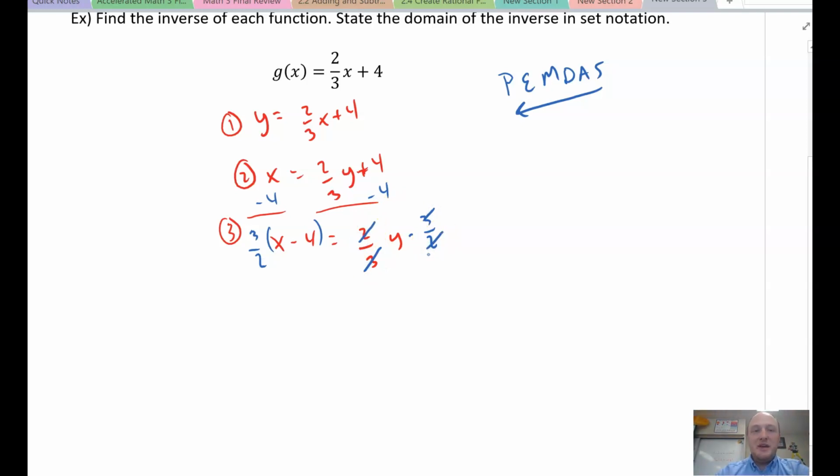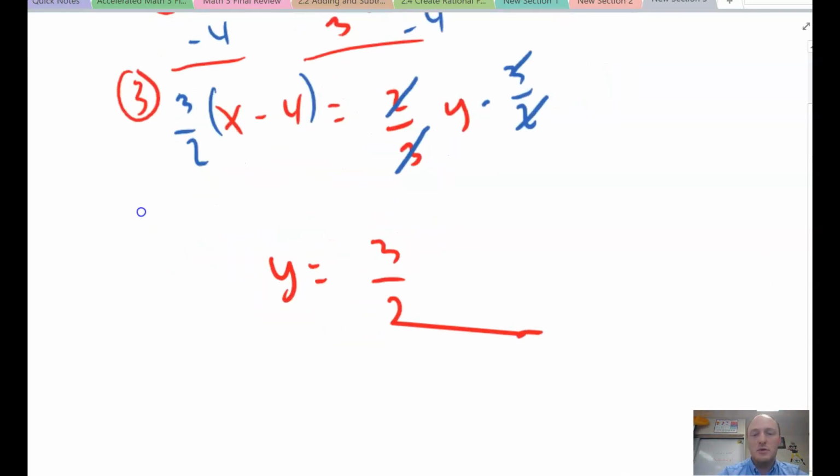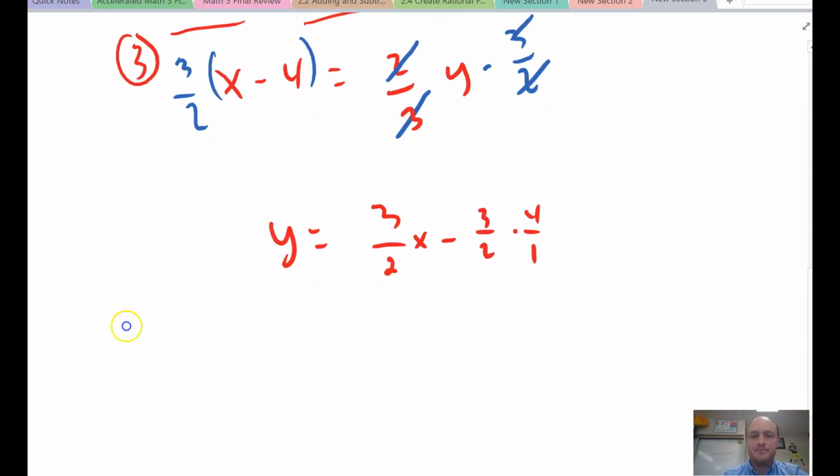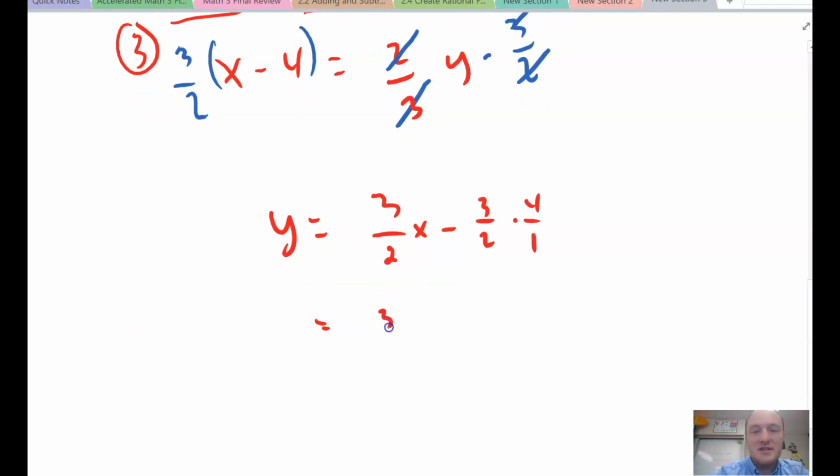Okay, and we have y is equal to 3/2 x, minus 4 times 3/2. So 3/2 times 4 over 1, and we just get 3/2 x minus, this is going to be 12 over 2, so that's 6, minus 6.